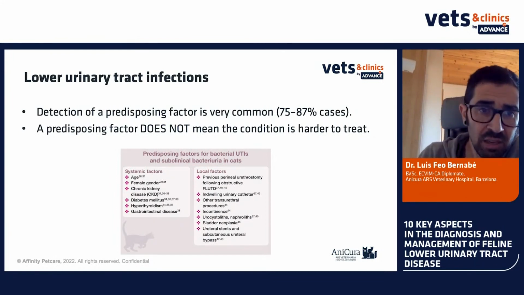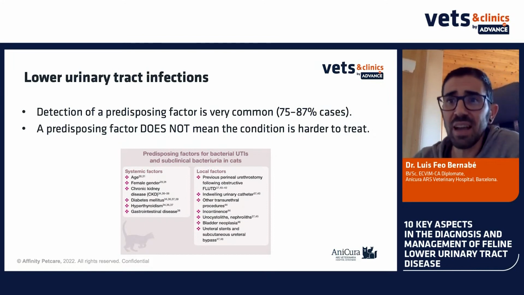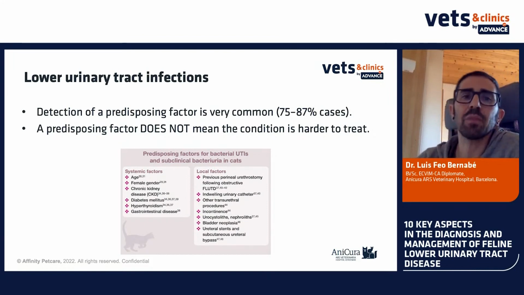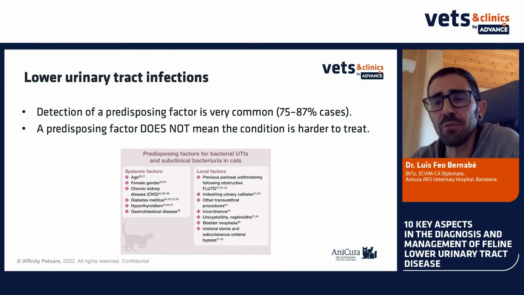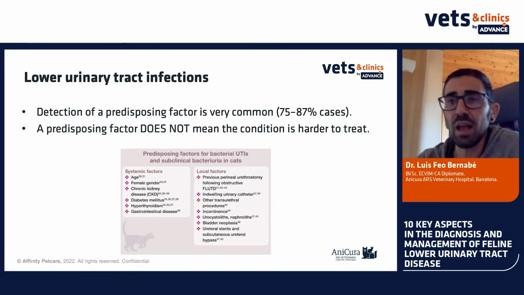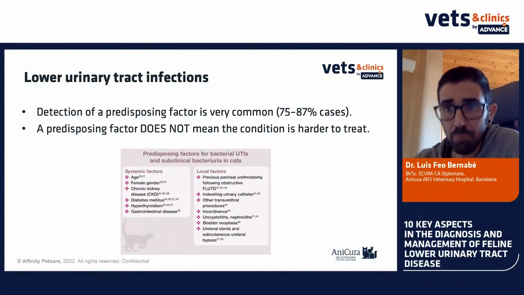But first of all, in cats, you need to remember that it is really common to detect a predisposition factor. When you have a UTI, in around 75 to 87% of the cases, you will have something else, a predisposition factor that complicates the case or makes the infection present in this cat.